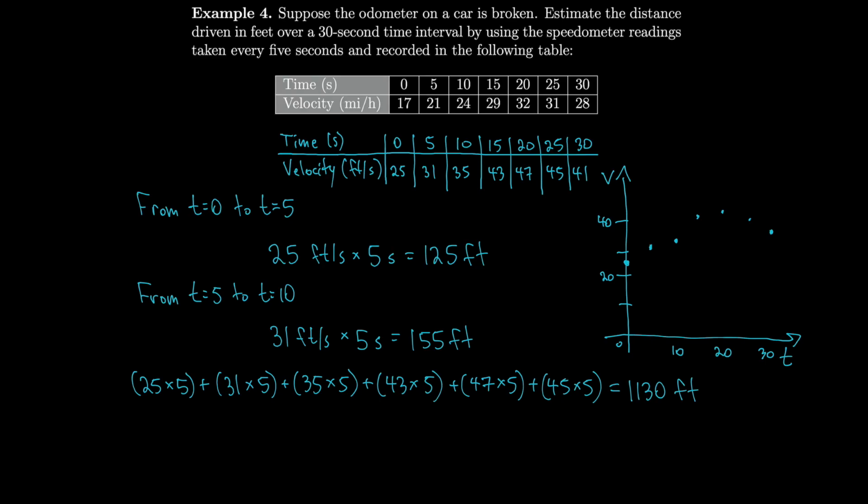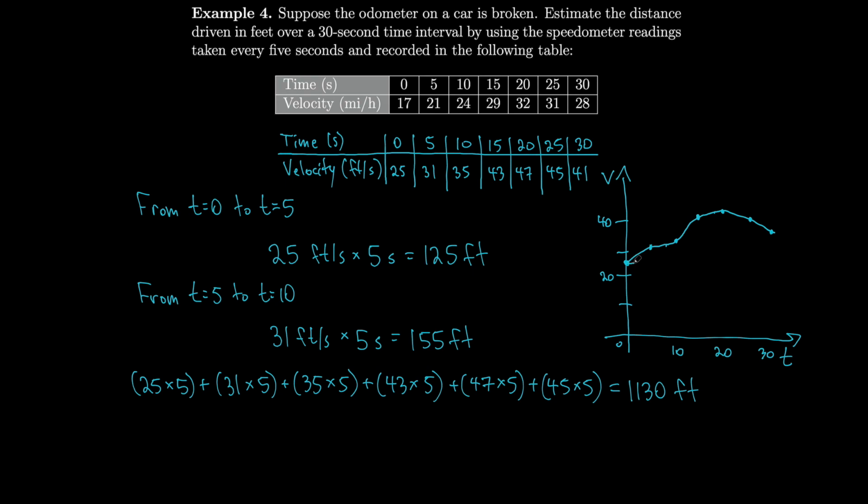Something like that. So then this curve is our velocity curve. What we're doing is we're estimating that the velocity stays constant on each of these 6 subintervals.